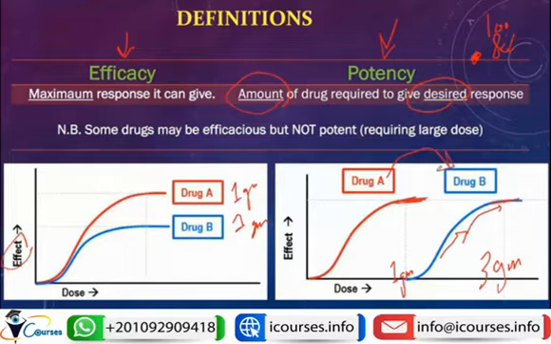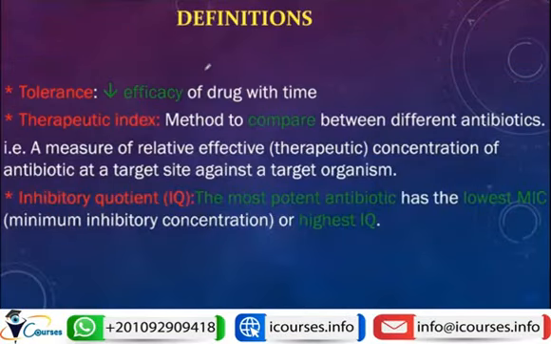Other important definitions are tolerance. Tolerance is a well-known phenomenon in pharmacology, meaning that the effector organ becomes tolerant to the drug. As we give the drug in the first instance, there is a response.